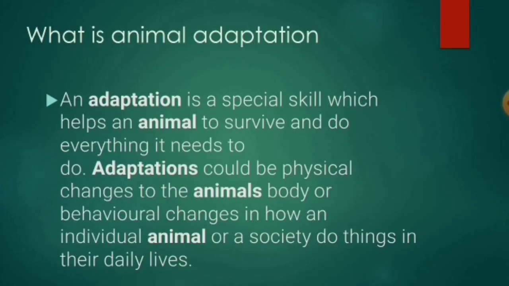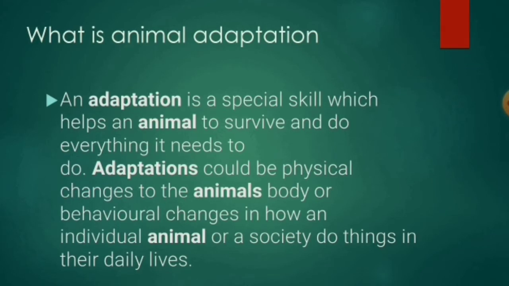Animal adaptation. Do you know? Yes. An adaptation is a special skill which helps an animal to survive and do everything it needs to do. Adaptation could be physical changes to the animal's body or behavioral changes in how an individual animal or a society does things in their daily life.